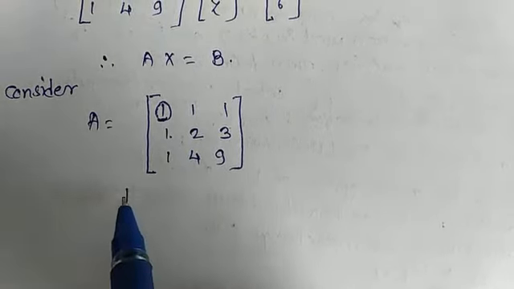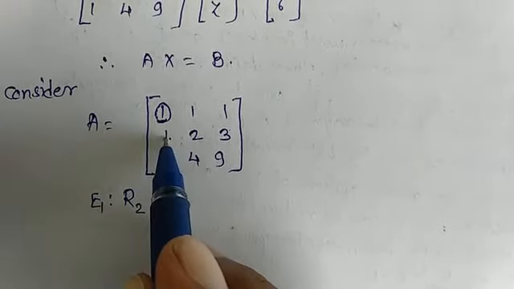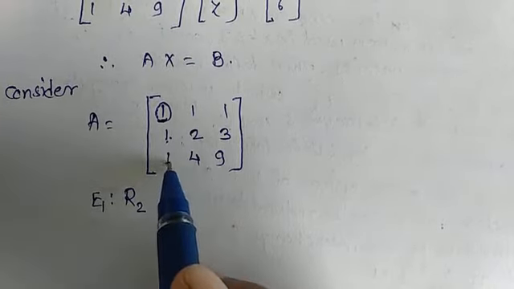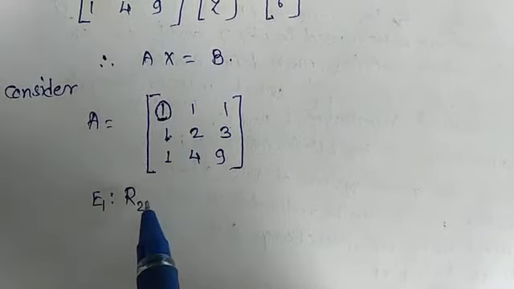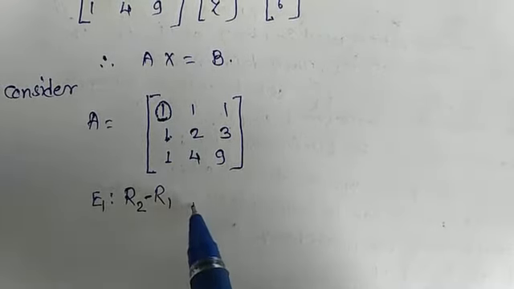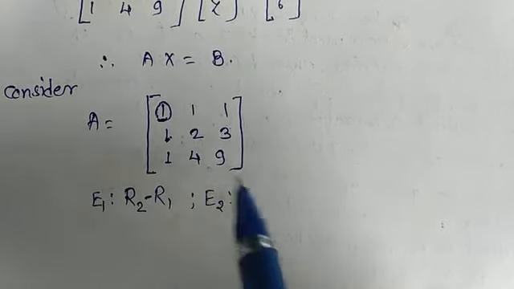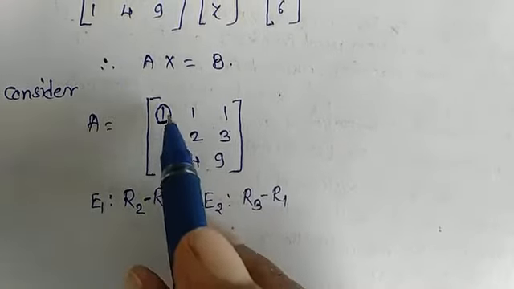So our first row operation, E1, is R2 minus R1, making 0 at the A21 position, and the second row operation, E2, is R3 minus R1, because both are 1.